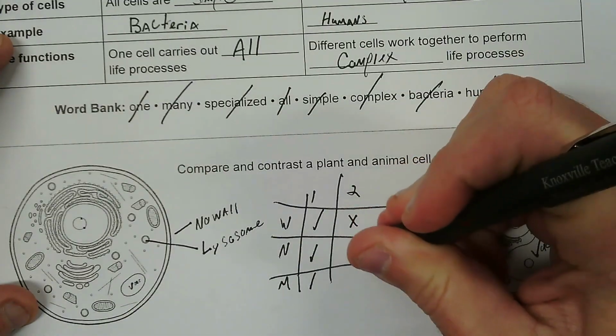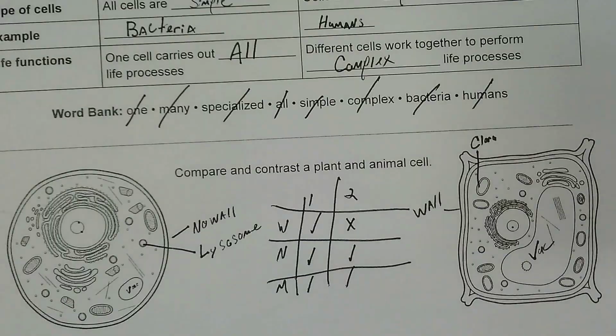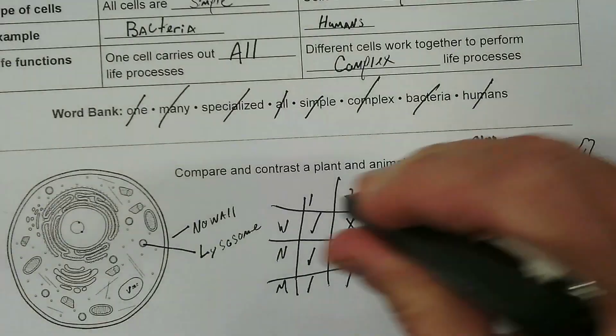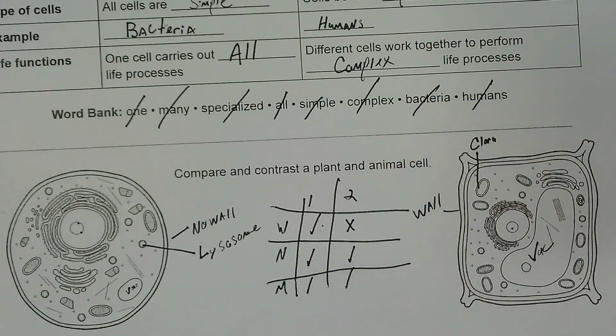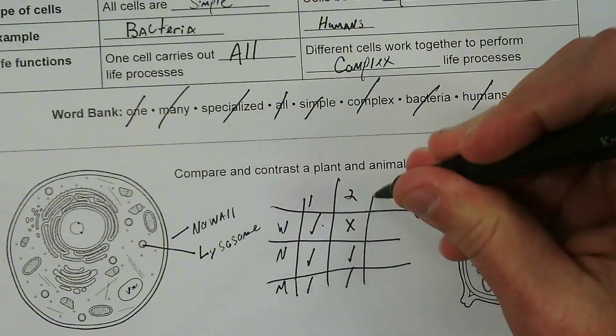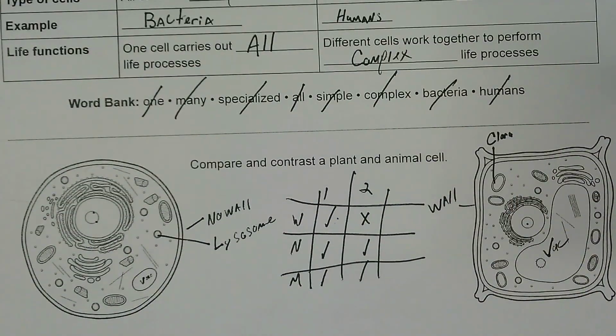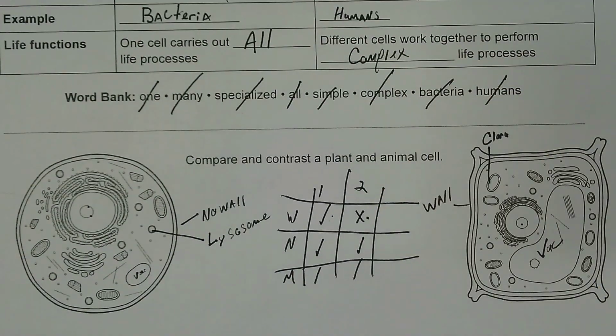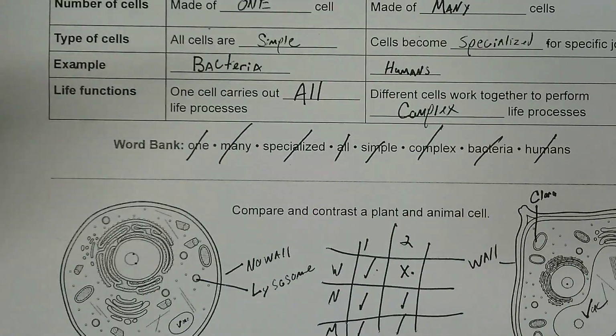Cell 2 does not have a wall, it has a nucleus, it has a mitochondria. And it said, which one is a plant cell? You would say, oh, well, this one has a cell wall, so it has to be the plant cell, right? Or if it said, which one is not a plant cell? Well, this one doesn't have a cell wall. And we know by definition a plant has to have a cell wall. So, boom.